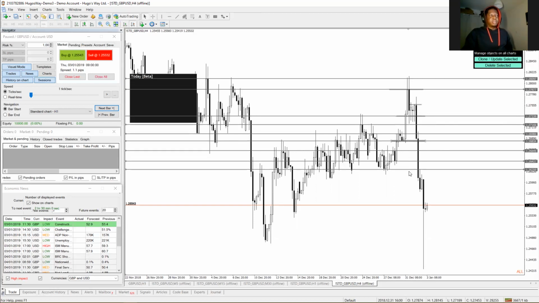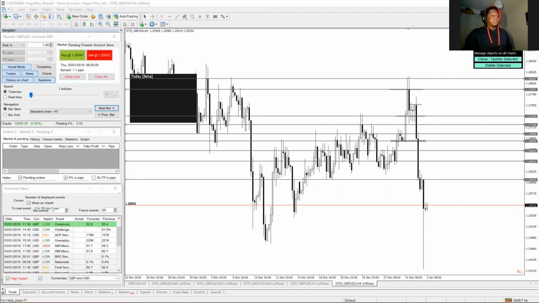So this is resistance right here. Clearly the market has switched from buys to sells because we can see that, of course, we can call this trend has been broken. This uptrend has been broken to the downside here. So basically you're looking for lower resistances to sell at this point for this session.